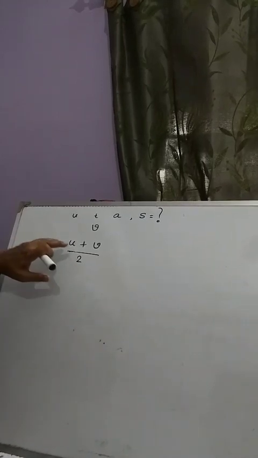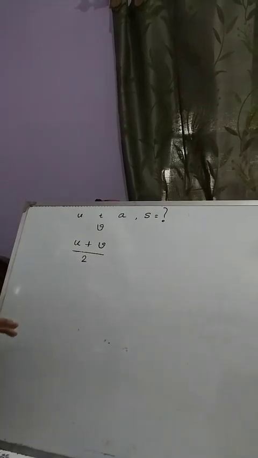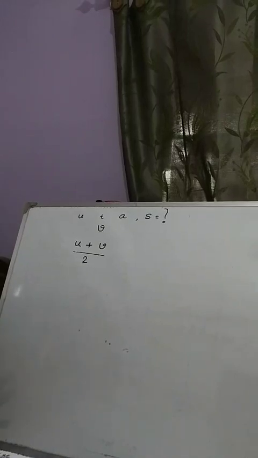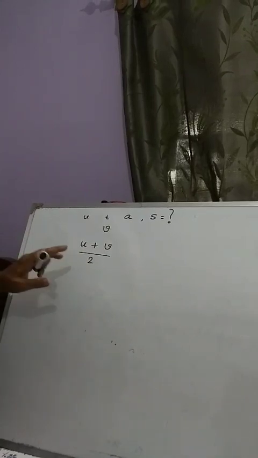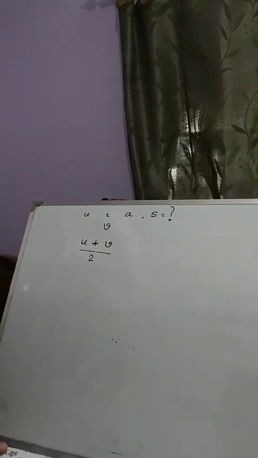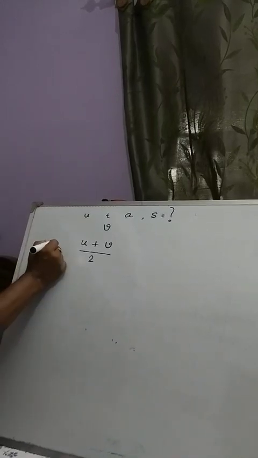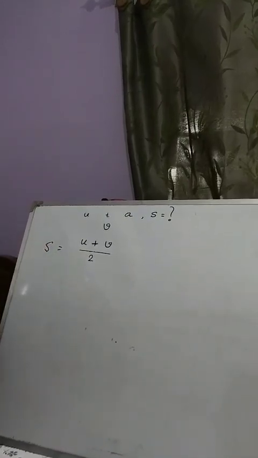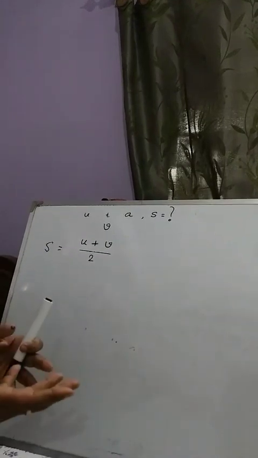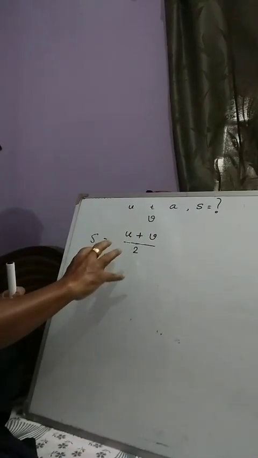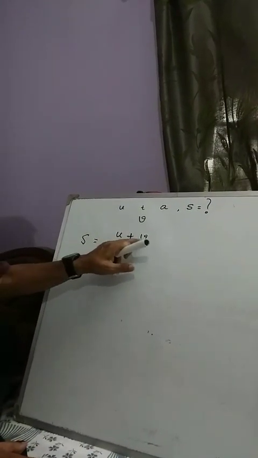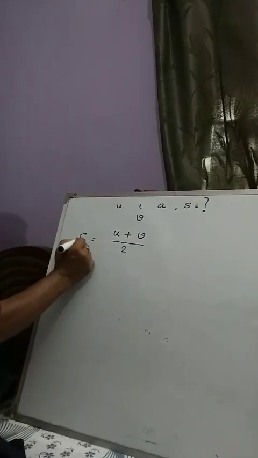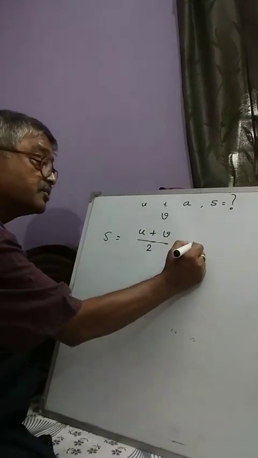The particle goes with the average velocity (u plus v) by 2 with respect to time. Hence there is no acceleration. So the distance, when the particle moves with uniform velocity, that means this average velocity, s is equal to vt. Here we consider v is equal to (u plus v) by 2. So s is equal to (u plus v) by 2 into t.